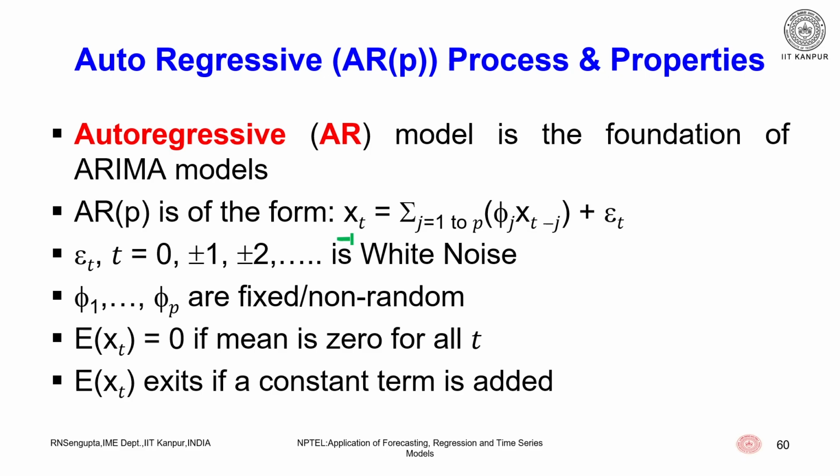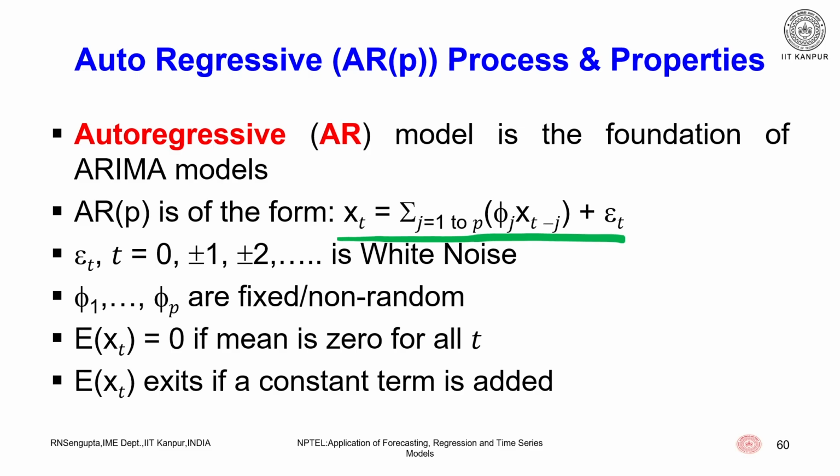X t is basically the so-called series, and it consists of two sets of terms. One is the summation, and the summation is based on to what level or stages you are going.